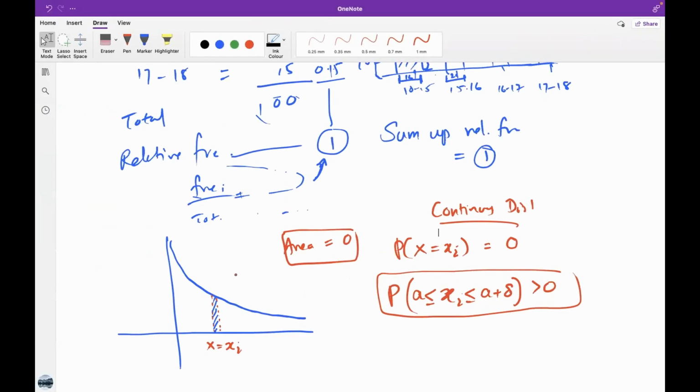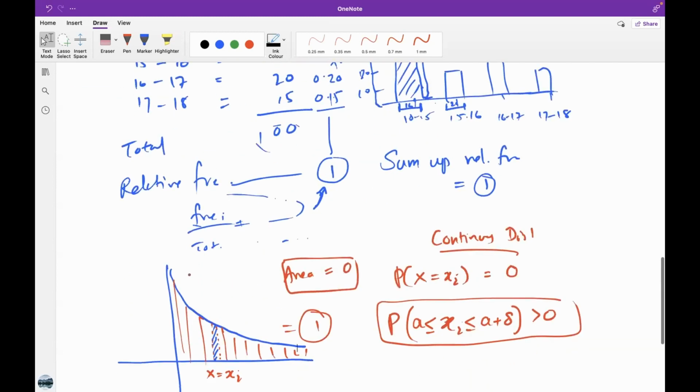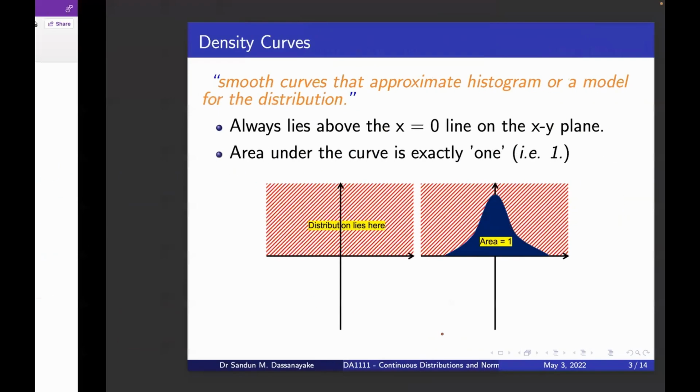So when we add up all these small pieces all the way up to the full area under this curve, that is going to be 1. Because as I mentioned, for a histogram of a given discrete variable, you know that the relative frequencies add up to 1. The same thing applies here. You add up all these areas and they will be equal to 1.